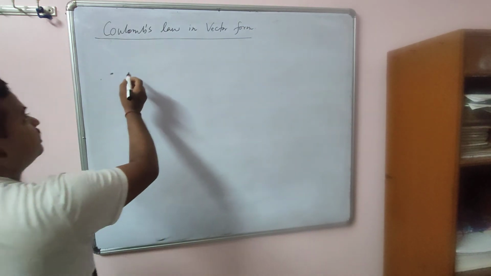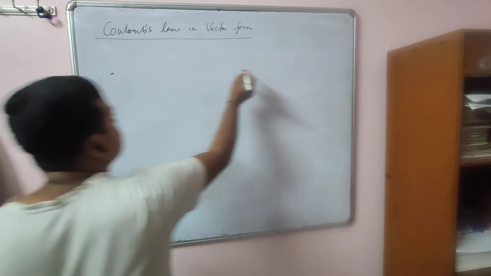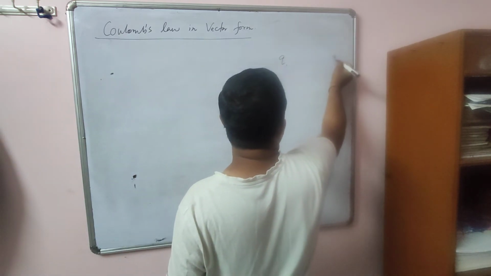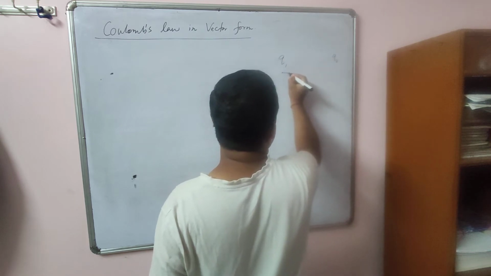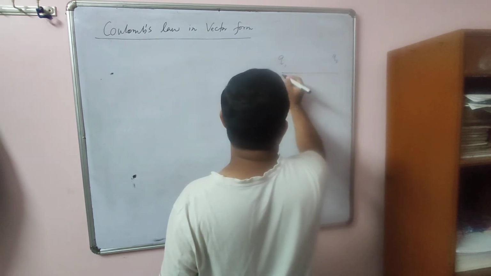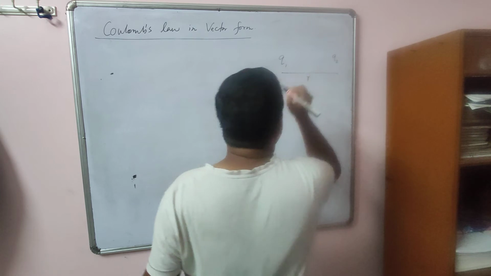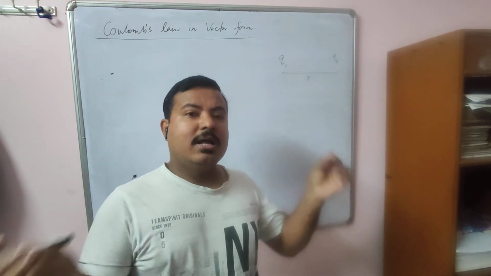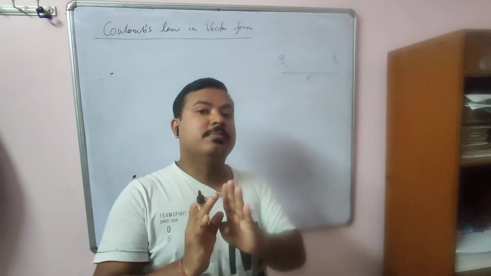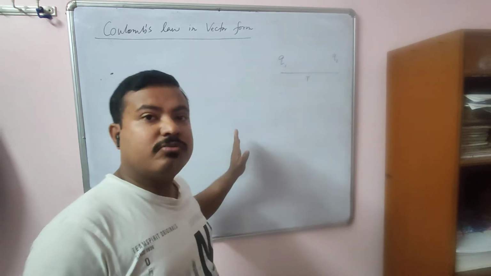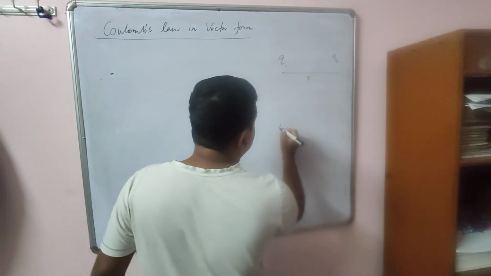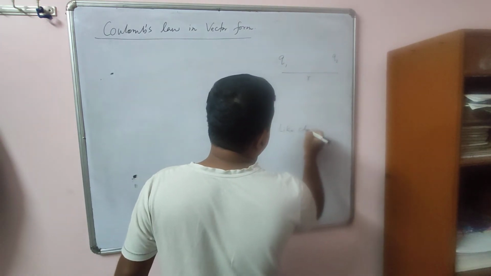Suppose there are two point charges, Q1 and Q2, separated by distance r. As we know, like charges repel, unlike charges attract. In order to find the direction of force, only this you have to remember.